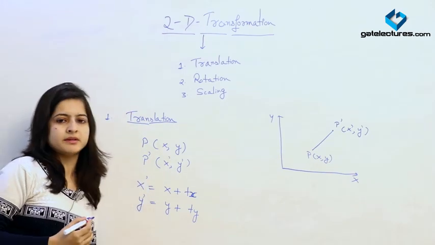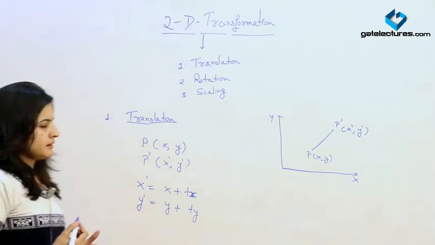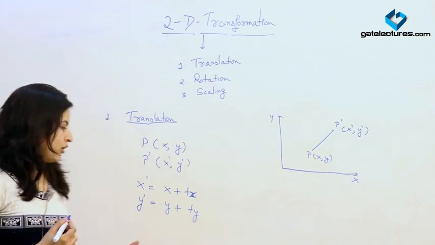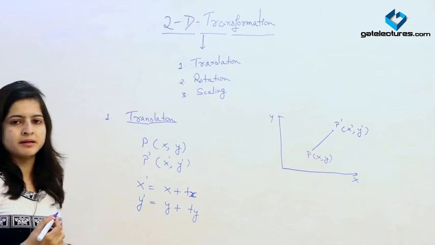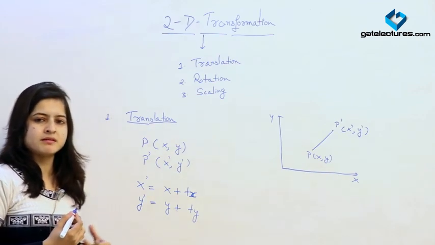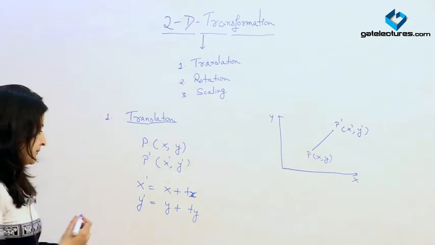We can represent it with the help of a matrix. In computer graphics, we generally represent all the mathematical equations with the help of matrices, so that whenever we make some changes on them, it is easier to apply matrix operations over them.